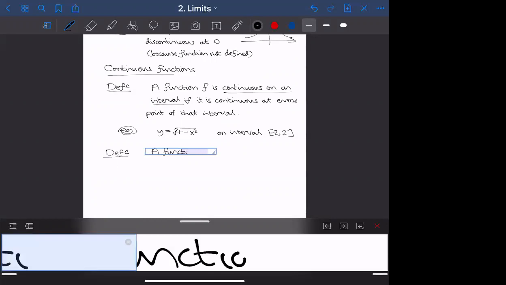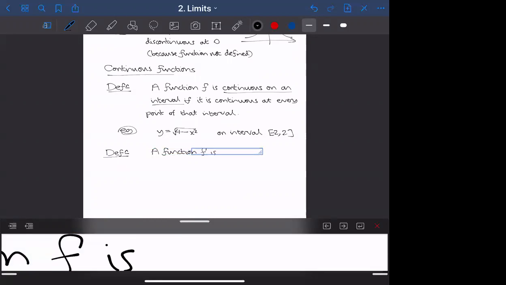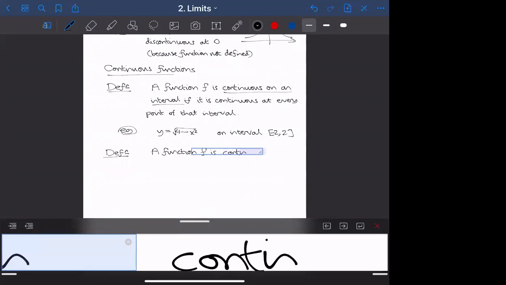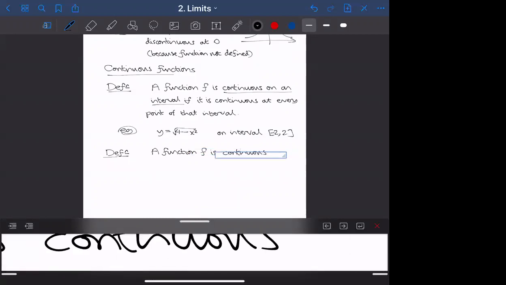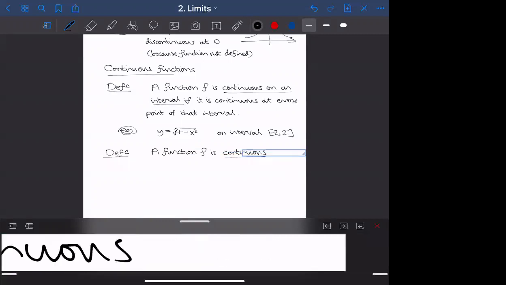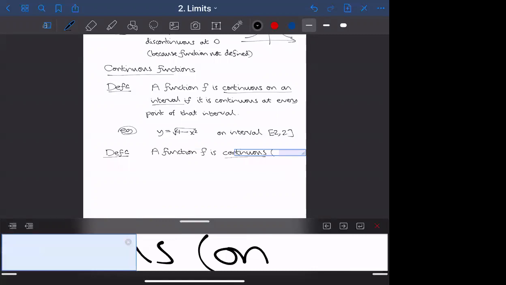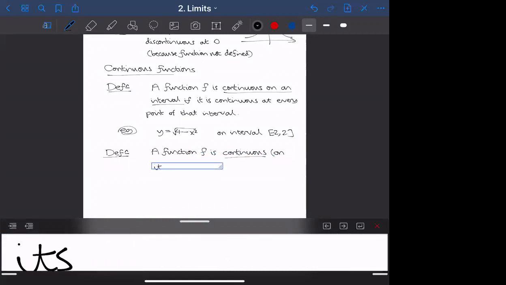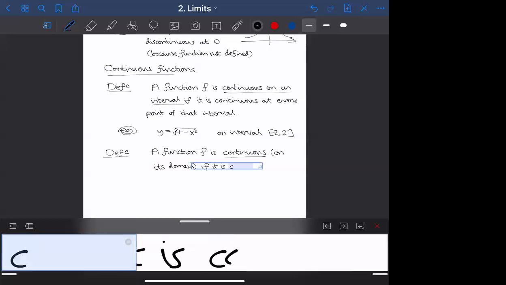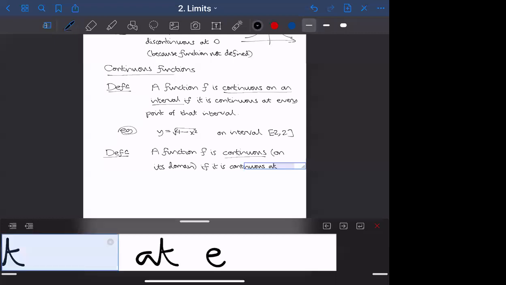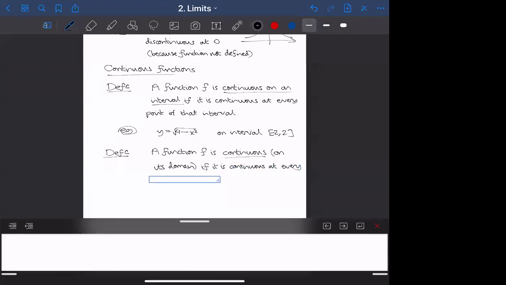So it's also useful to say a function f is continuous, and sometimes we'll say continuous on its domain, if it is continuous at every point of its domain.